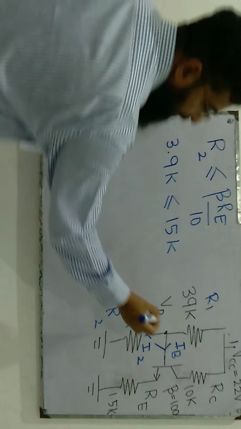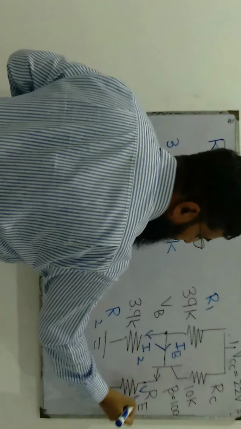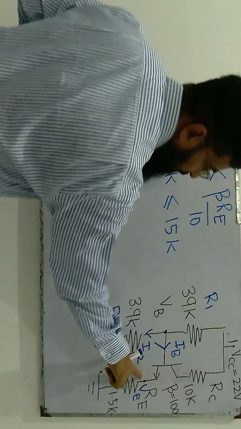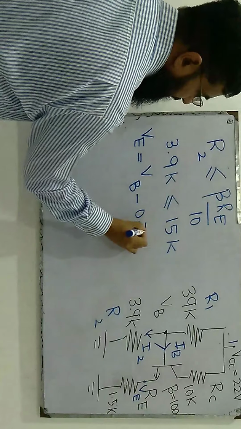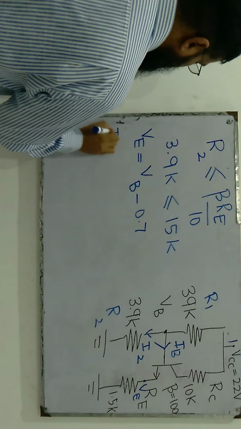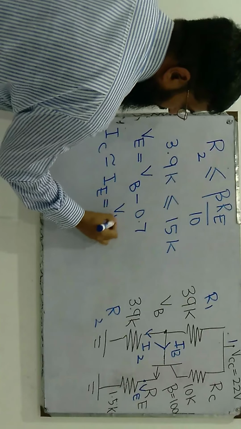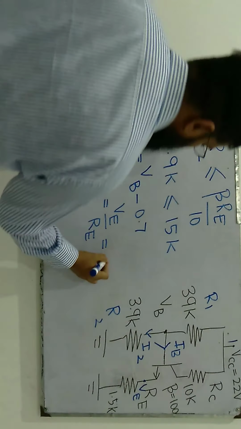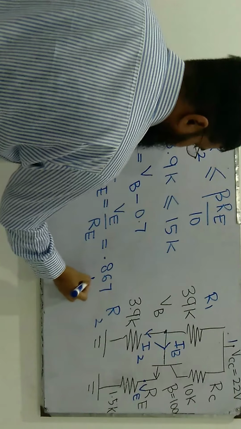We apply approximate VB. This voltage drop is 0.7, so VE, the voltage of the emitter terminal with respect to ground, is VB minus 0.7, and IC, which is approximately equal to IE, can be written as VE over RE, which turns out to be 0.867 milliamperes.